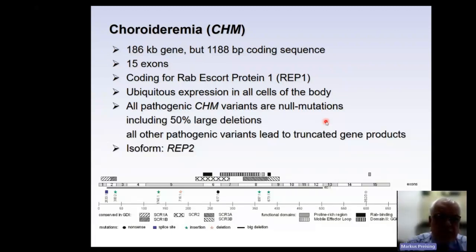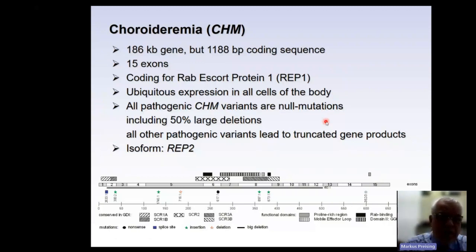In choroideremia, the missense mutations are usually all functional. All the missense mutations that are not functional are not really missense mutations, but do have an effect on splicing or on any other control mechanisms of the production of the mRNA message.